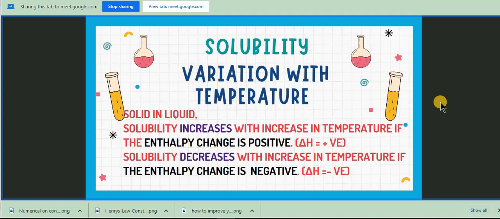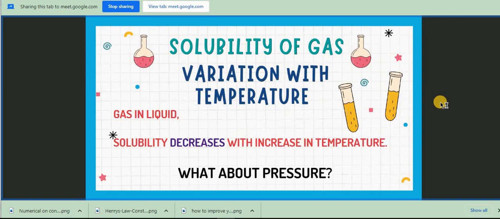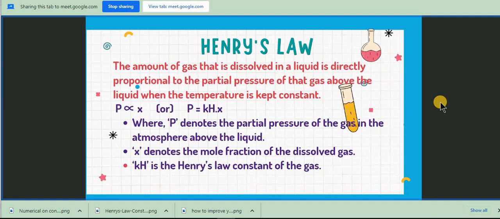So generally when you increase the temperature, solubility decreases, and if we are increasing the pressure, what happens? If you are increasing the pressure, solubility increases. So this statement is Henry law.